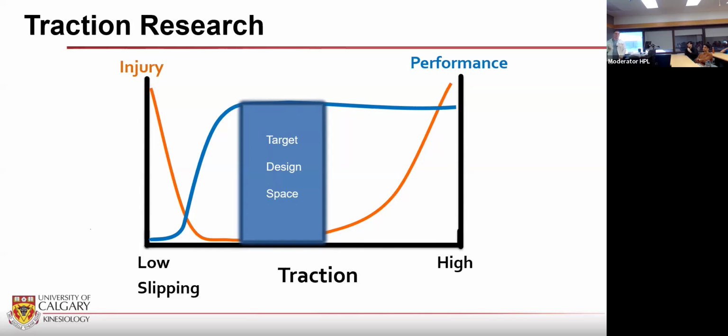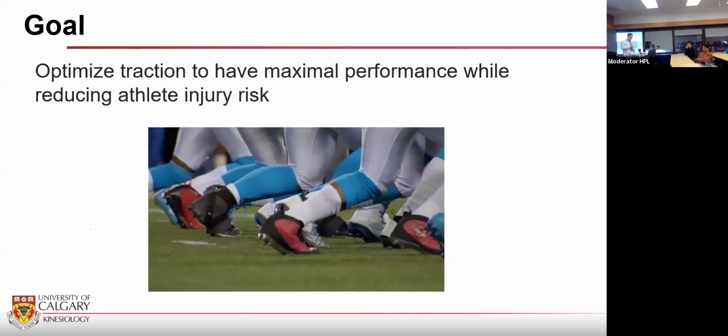So within the region where athletes are attaining maximal performance, but we're still trying to keep the traction low enough that we're not going to unnecessarily increase the athlete's risk of suffering an injury. So the goal of traction research that we perform is to optimize traction to have maximal performance while trying to keep athlete injury risk as low as possible.